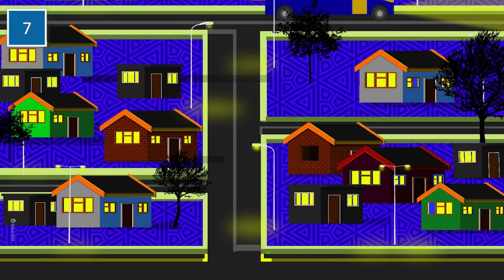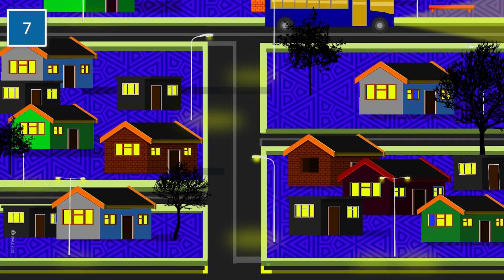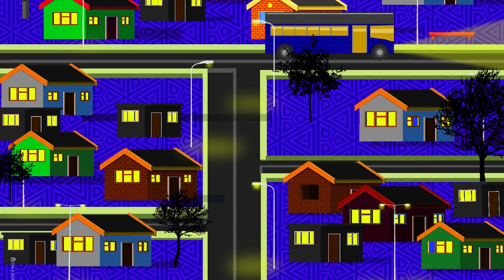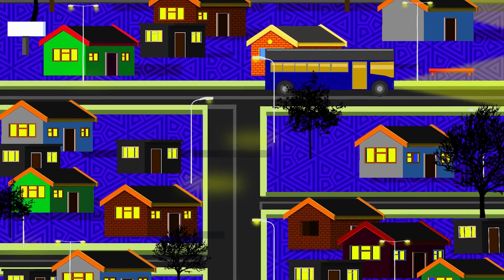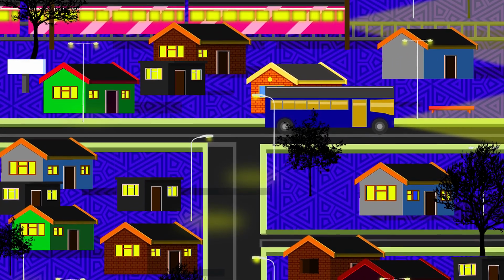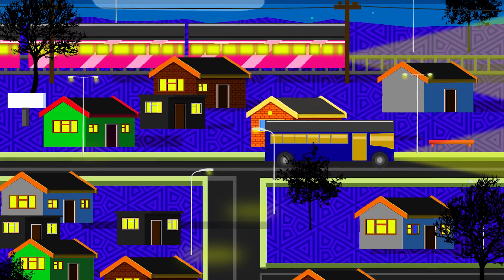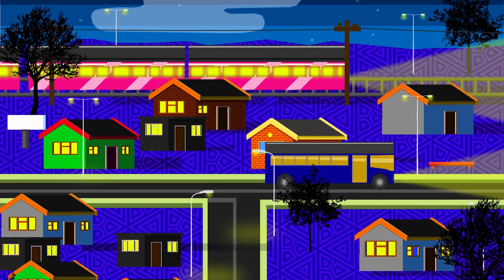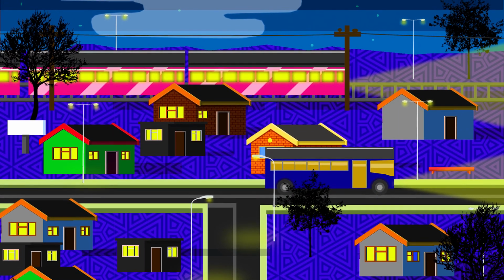Seventh is the housing component of the overall engine that drives the country's economic expansion. All of the resources spent on housing development in a particular year increases the domestic production of housing. That in turn is added to the total housing stock, and together this stock makes up gross fixed capital formation.